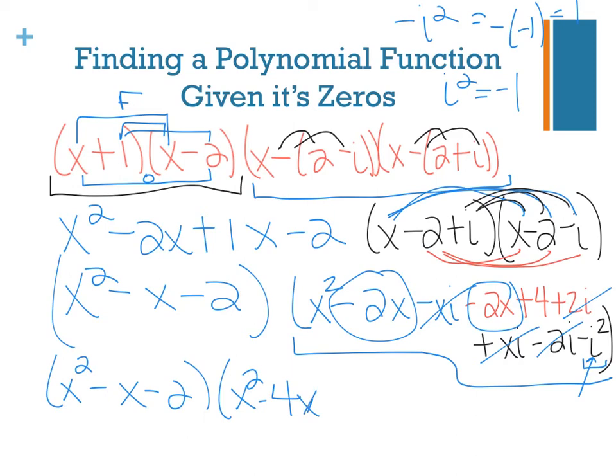And I'm going to get a plus 5 at the end, because this is a positive 4. And remember, this negative i squared is a minus a negative 1, which is positive 1. So 4 plus 1 is 5. Now, I'm going to multiply out these two trinomials on the next slide, and then I'm going to have my polynomial function.